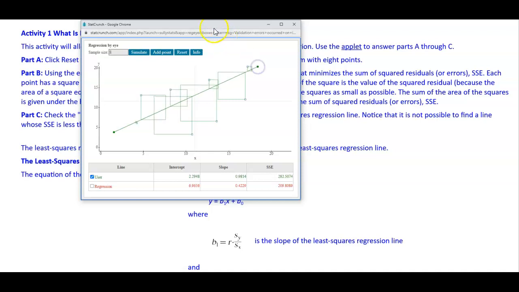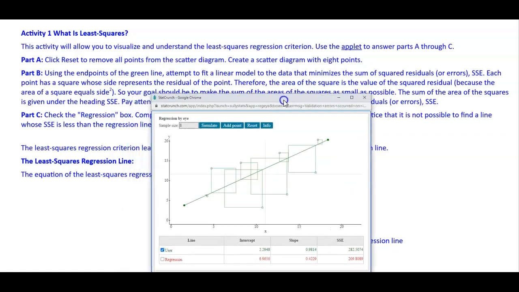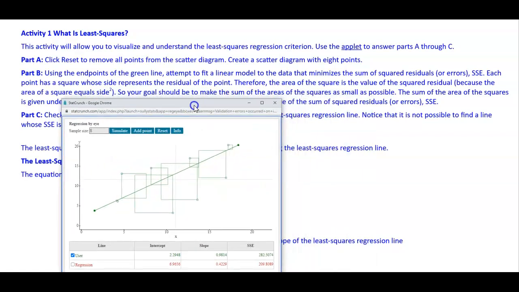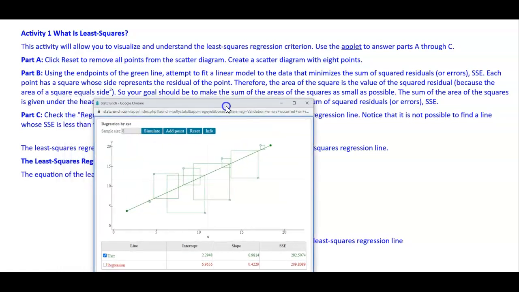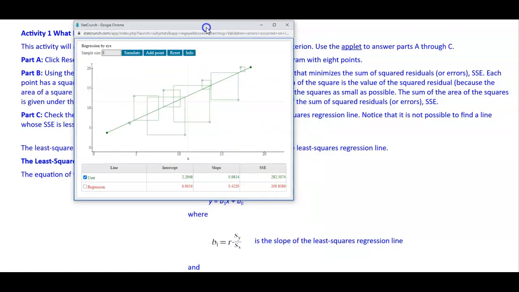Well, again, what it's telling us is that your goal should be to make the sum of the areas of the squares as small as possible. So we want that to be as small as possible. The larger it is, it's not the line of best fit. If you go further away, again, it's getting bigger.